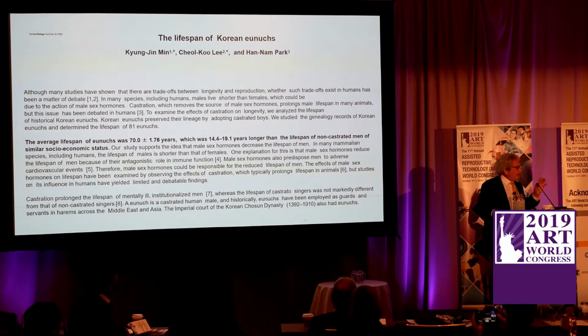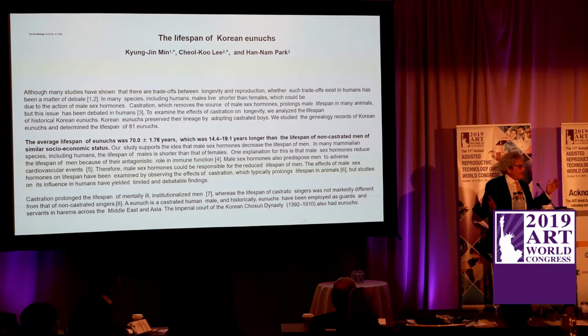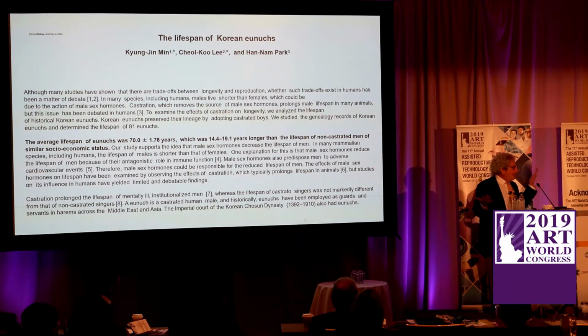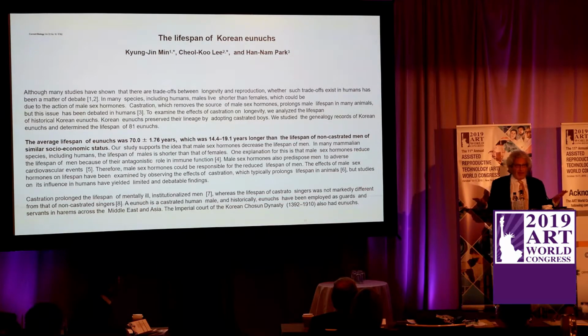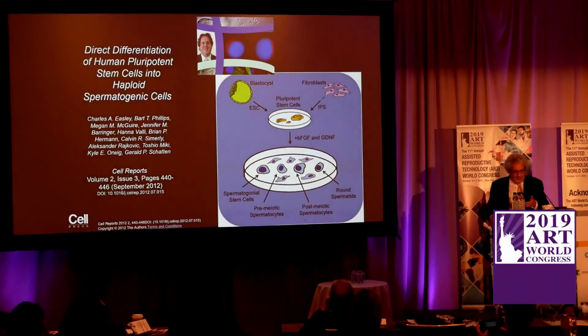Could it actually be that the number of spermatogonia, the amount of spermatogenesis, the number of sperm produced, is correlated with longer lives? And the evidence is growing that sperm quality does seem to be associated with a lack of comorbidities.